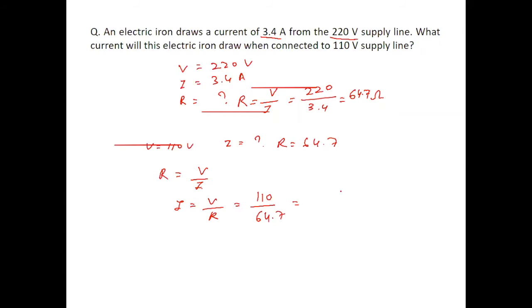Calculate this, this much ampere. Students, give me the answer. Yes, 1.7 ampere. Whenever you solve this type of problem, always put the unit. So write 1.7 ampere like this.